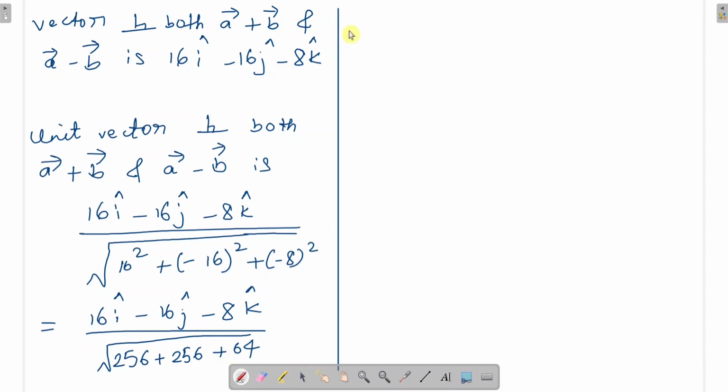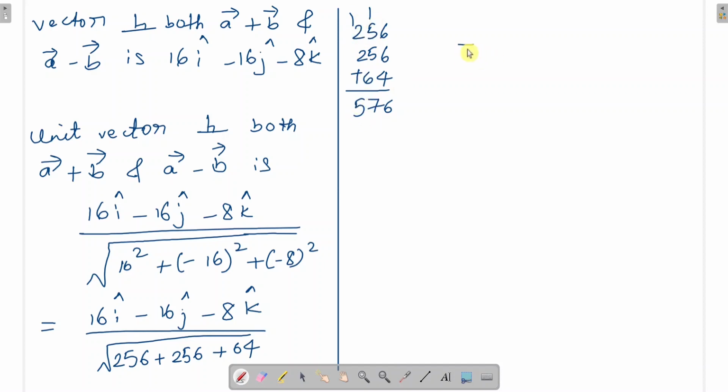So if we take the sum of 256 and 256 and 64, what we will get? 6 plus 4 is 10, 10 plus 6 is 16, 5 plus 5 is 10, 10 plus 1 is 11, 11 plus 6 is 17, 2 plus 2 is 4, 4 plus 1 is 5.